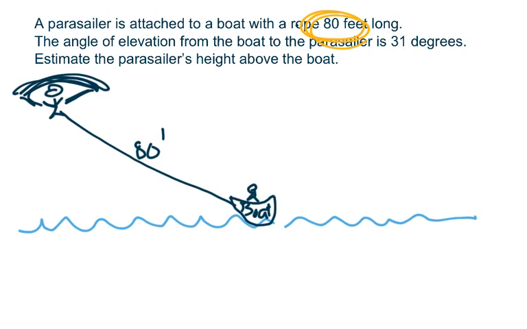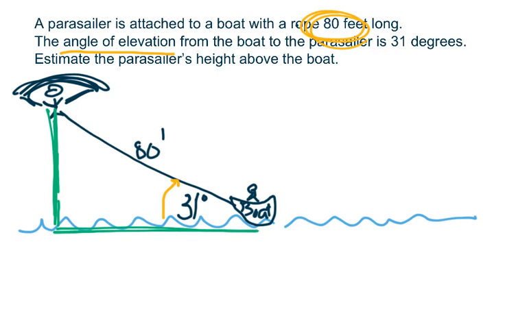And then I'm looking at the angle of elevation from the boat to the parasailer. That's talking about this angle here. That's where I can write 31 degrees. Okay, if I want to know the parasailer's height above the boat, that's going to be this way, the height, because it's always a perpendicular height.